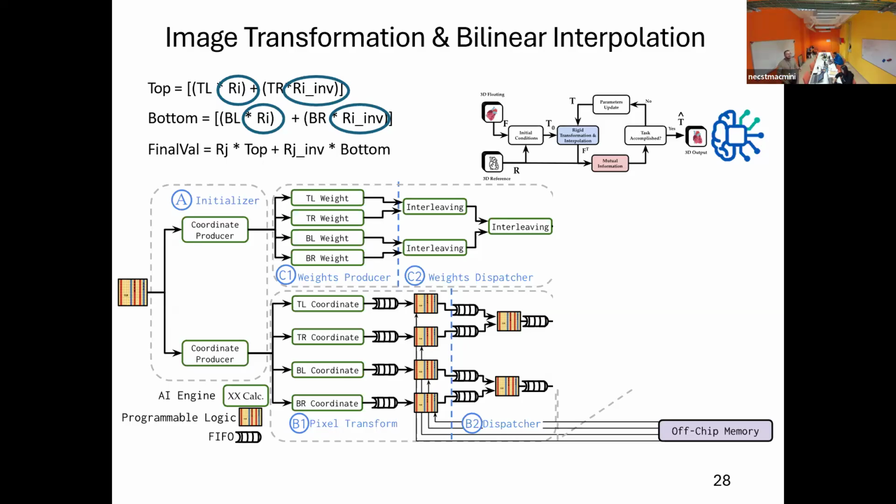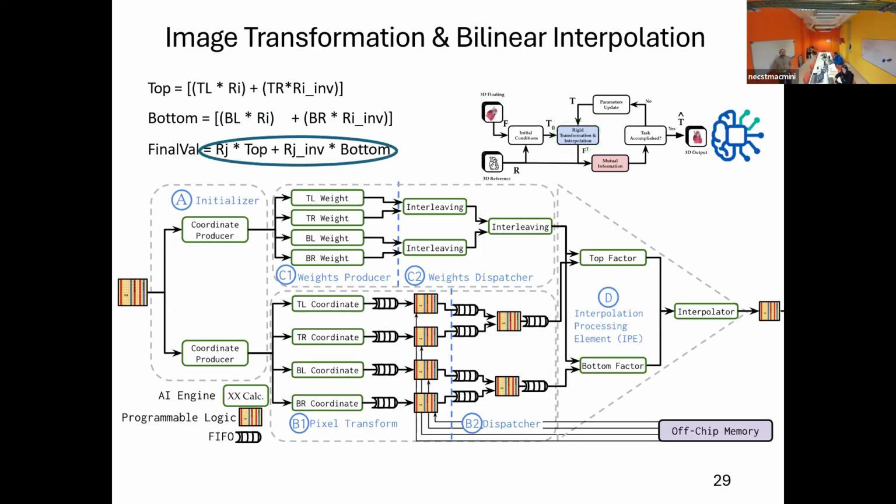Then, for the last step, weights and pixels must be combined together for the interpolation step that gives the output, the interpolated volume. This last component is named interpolation processing element, and it is designed to be scalable, because here we have the bottleneck of the whole application.